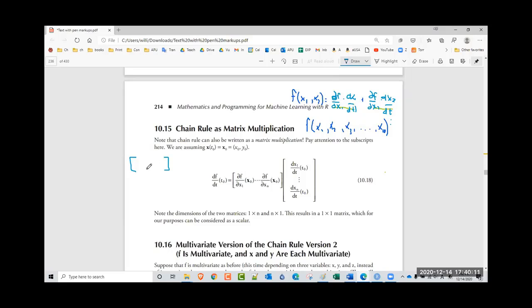Usually we don't put commas in a matrix. In vectors we put the commas, but in matrices we usually don't. So I'm not going to put any commas here, but I'm only going to have one row, and it's going to have two elements.